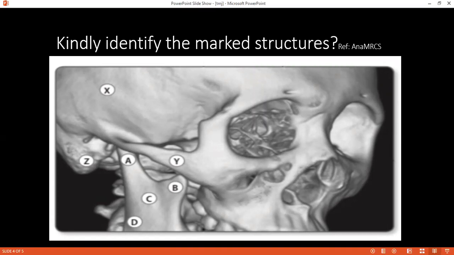What is the significance of doing this tomogram? If any fractures are there due to injury to the skull, they can be easily identified. Why not bone MRI? Okay. Because on MRI, the bony lesions are not very well defined.